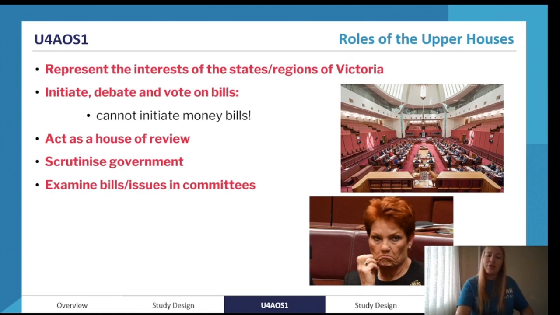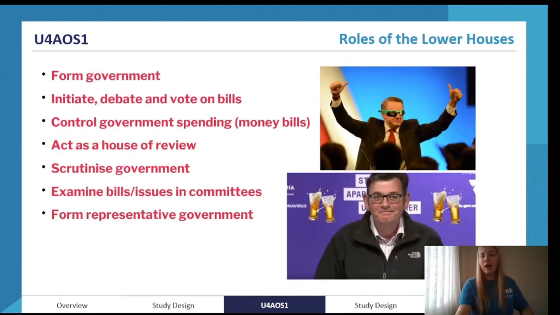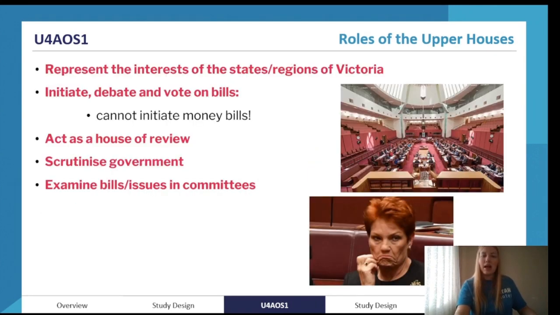And they also, rather than how the lower house directly represents the people, because they're directly chosen by the people, so therefore forming representative government, instead, the upper house represents the interests of the states and regions of Victoria.